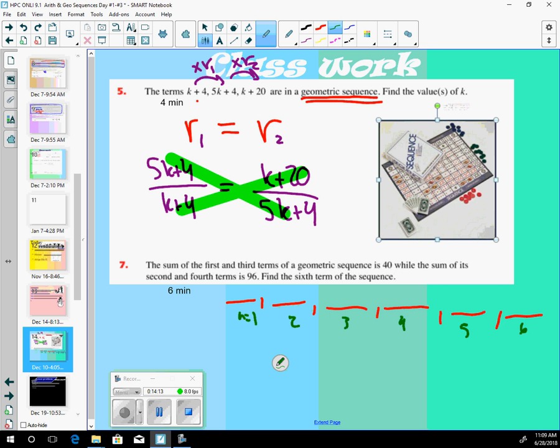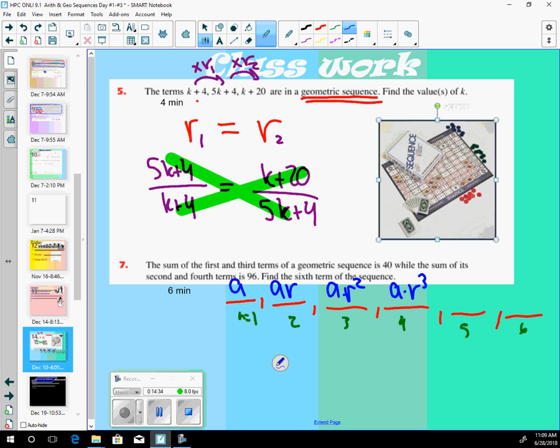It says the sum of the first two. So if this is A, this is going to be A times R, right? And this will be A times R squared, and this will be A times R cubed. The sum of the first and third is 40.